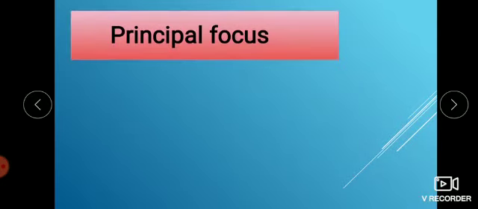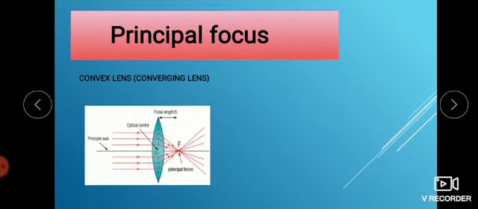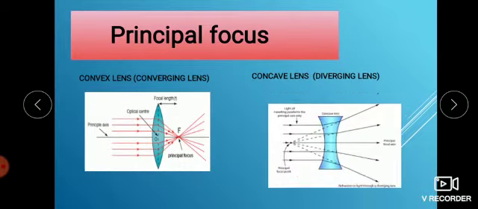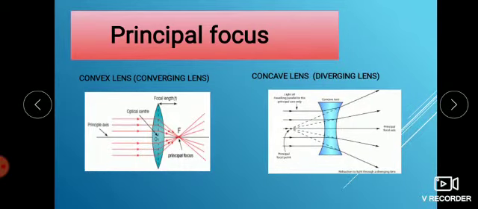Now let's understand principal focus. If you can see this picture, this is the principal focus in the case of a convex lens, and this is the principal focus in the case of a concave lens. If you compare this with a mirror, you can understand it. In the case of a mirror, the concave mirror is a converging mirror, right? But in the case of a lens, the convex lens is a converging lens.